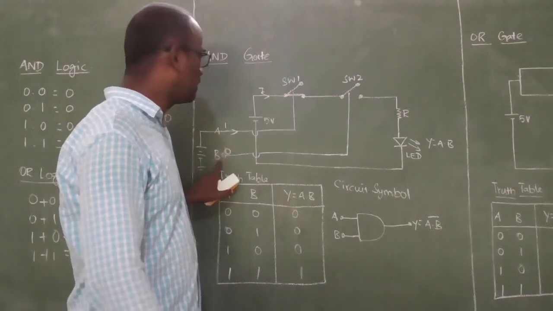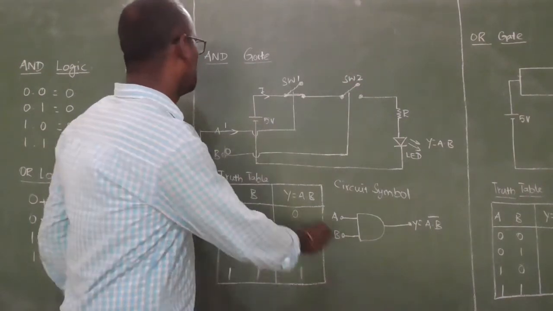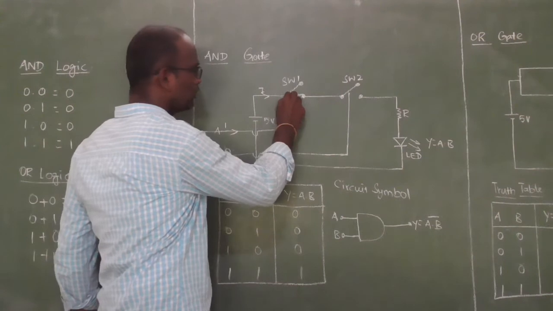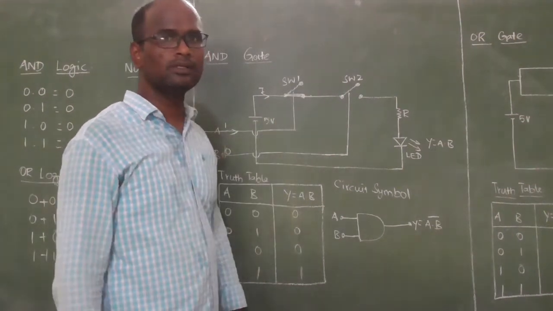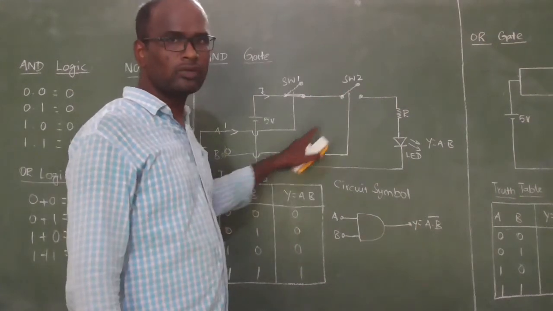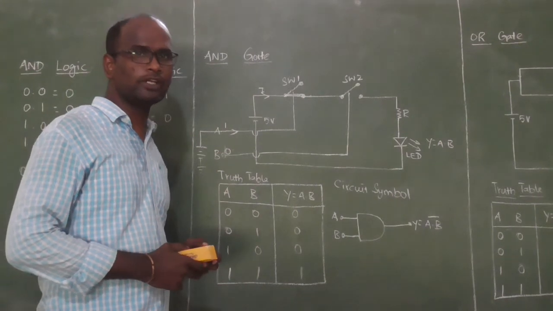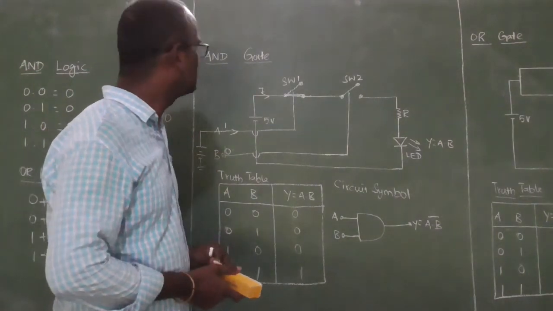If we apply logic 0, the switch gets open. That means to provide the current flow path, we have to apply logic 1. To block the current flow, we have to apply logic 0 for that particular switch. Understand?